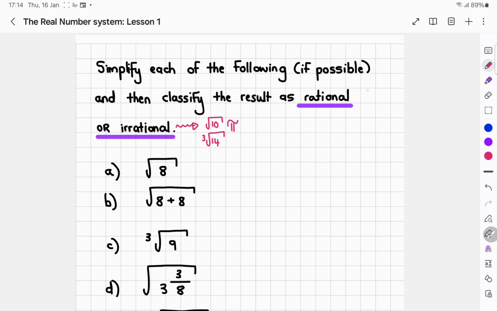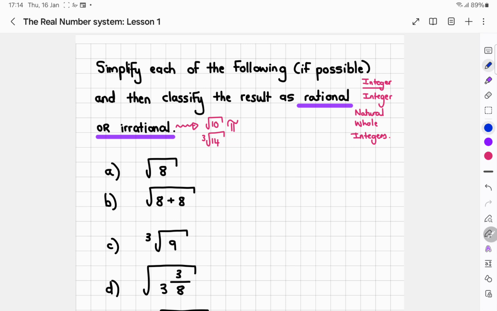Rational is if we can simplify it and have a fraction with an integer over another integer. Or just like the natural numbers, your whole numbers, or your integers.